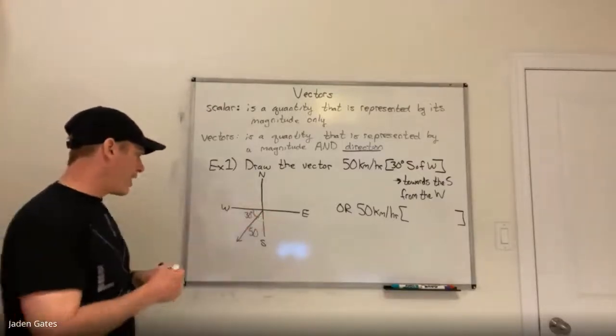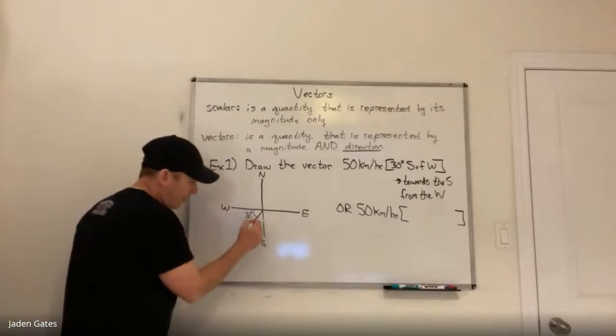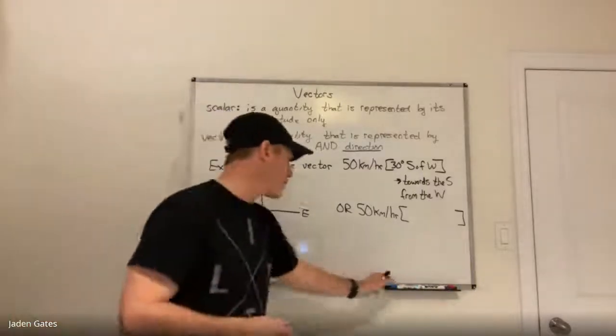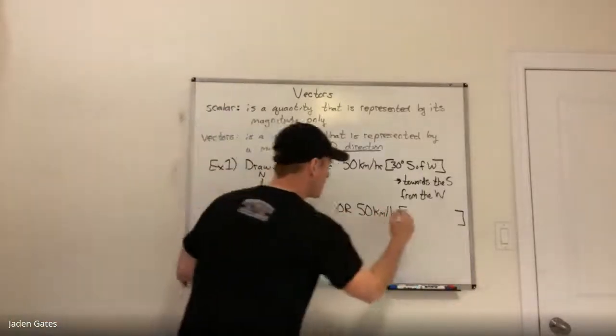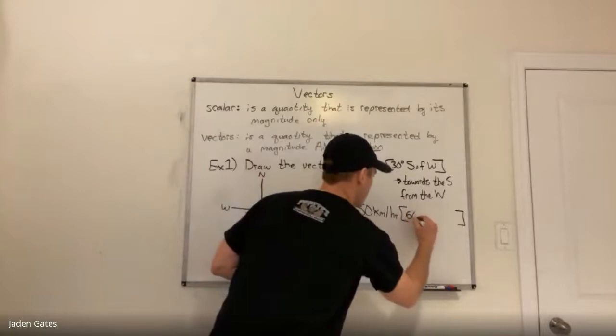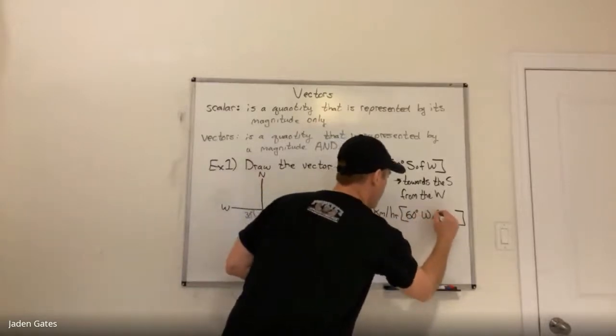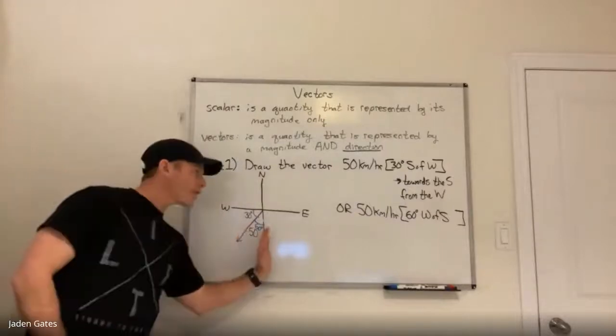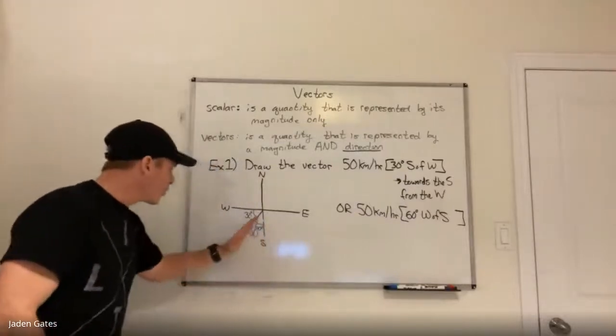And so 90 minus 30, that is a 60-degree angle there. And so what I could do is write this direction as 60 degrees west of south. Because then this time I would be starting south and moving 60 degrees towards the west.